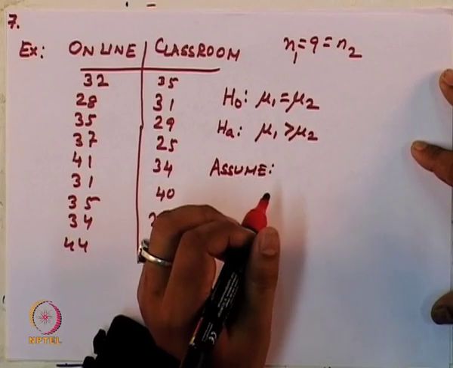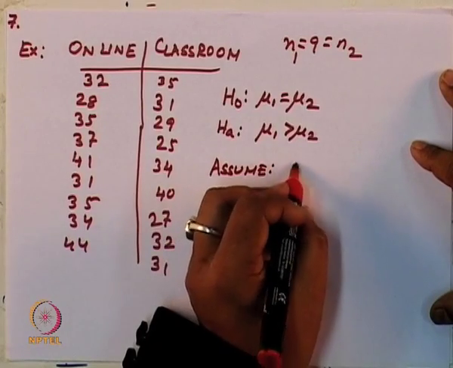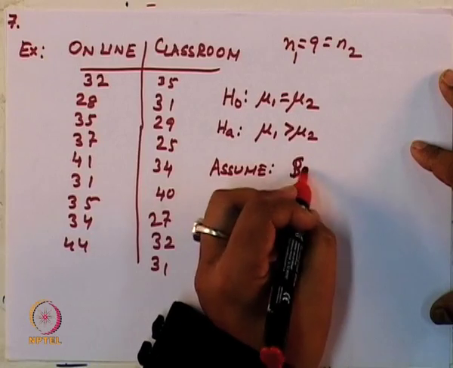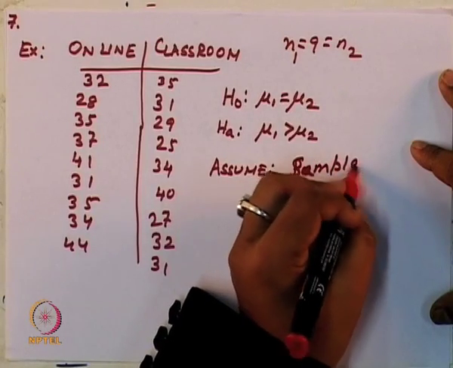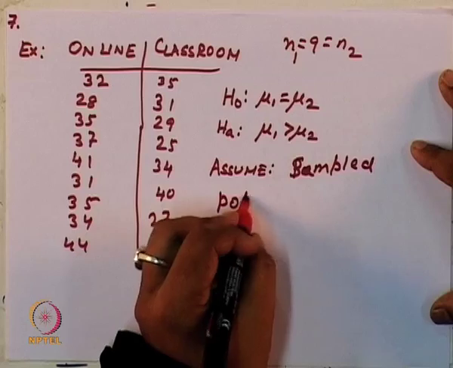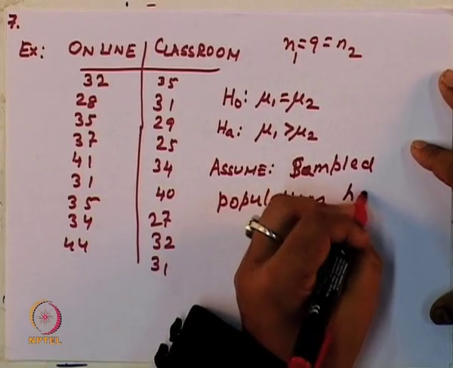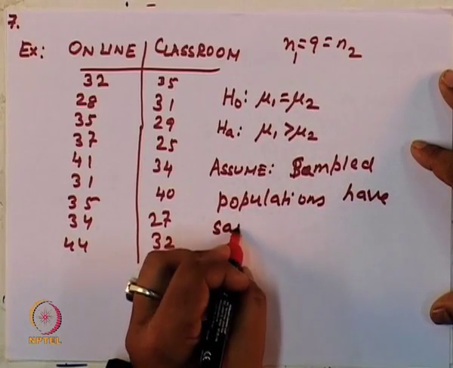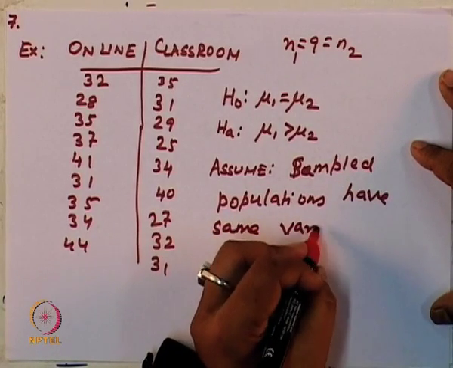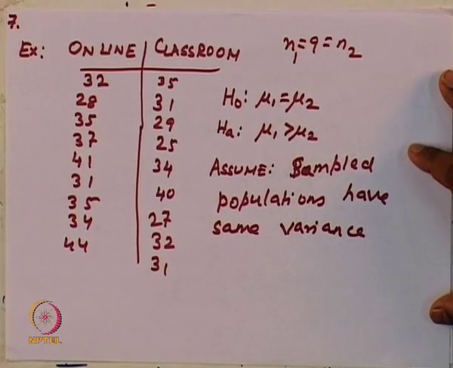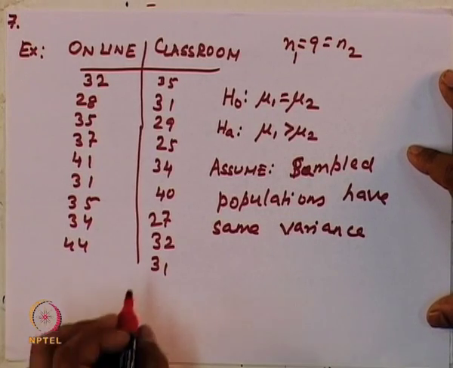We have to assume that the sampled populations have same variance. So, with this assumption I can calculate.